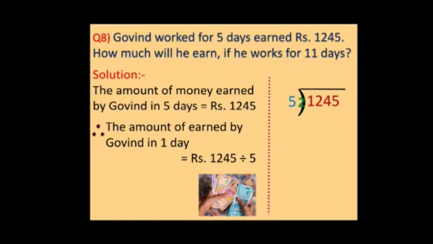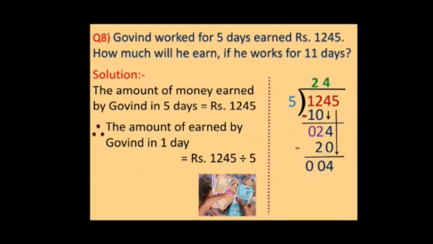Here, 5 2s are 10. Here 2 minus 0 will be 2. Then 1 minus 1 will be 0. We will bring down 4 here. Now 24. So 5 4s are 20. Now 4 minus 0 will be 4. 2 minus 2 will be 0.